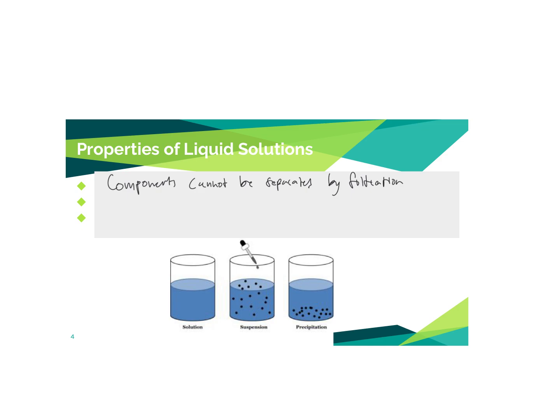There are no components large enough to scatter light. And this is going to be really important later on when we're thinking about some spectroscopy that you can do with solutions.